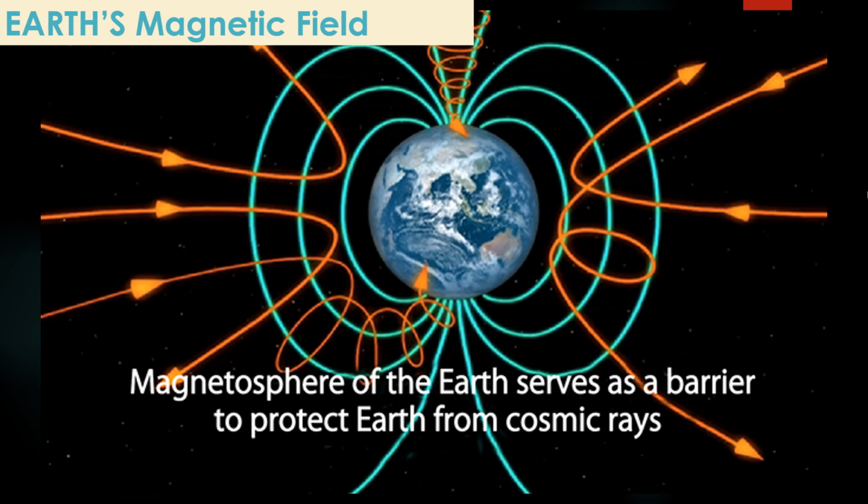Our planet is a big ball of magnet. Its geographic north serves as its magnetic south, and its geographic south serves as its magnetic north. The region around Earth that is dominated by the magnetic field is called the magnetosphere, which extends to about 65,000 kilometers in space.